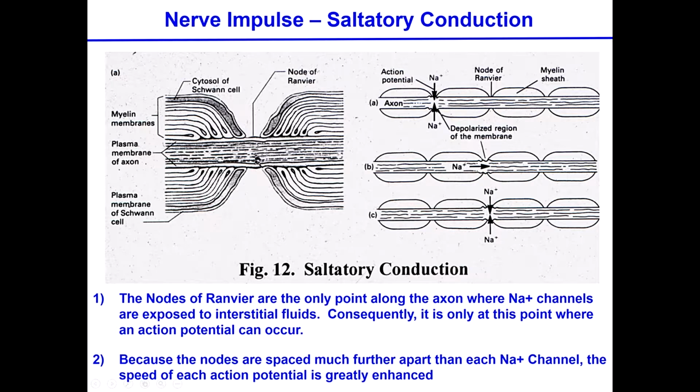And these nodes of Ranvier, in this type of neurons, which are myelinated, are the only places where depolarization happens. So depolarization happens here, and the distance between two nodes of Ranvier is such that the entry of the sodium at this point is going to allow it to diffuse quickly enough to this other place and cause the wave of polarization to be transmitted.